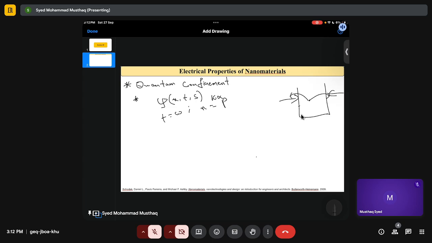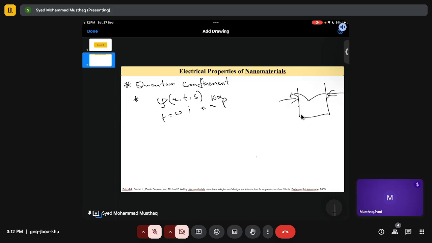So in a real system you will see it as a space, but in the reciprocal system you are defining it as a momentum. Whenever you talk about momentum, there is an energy. I hope you understand. Again, I will tell you again.